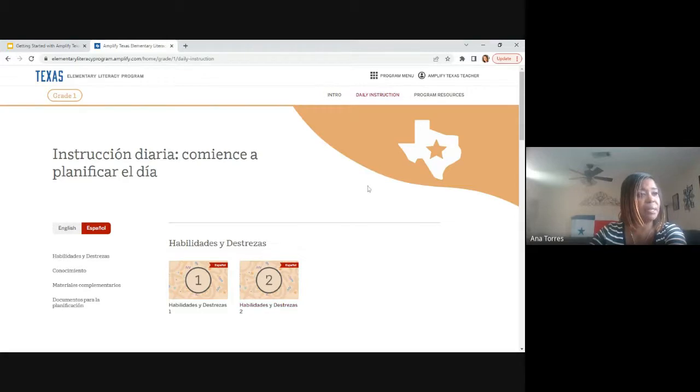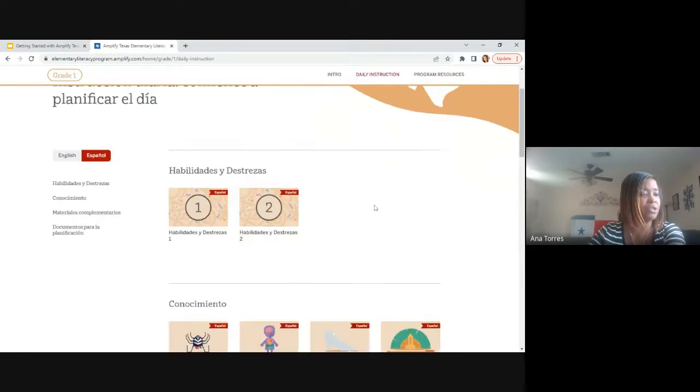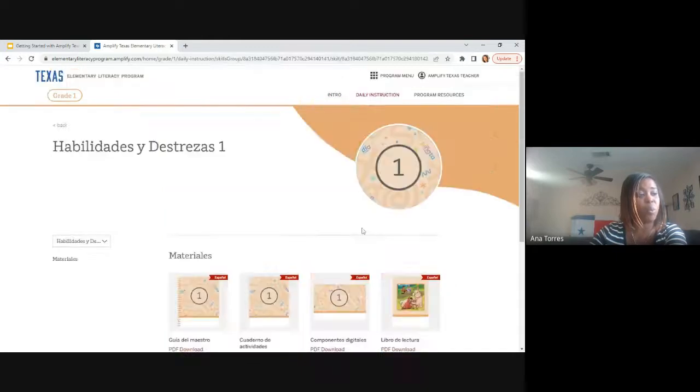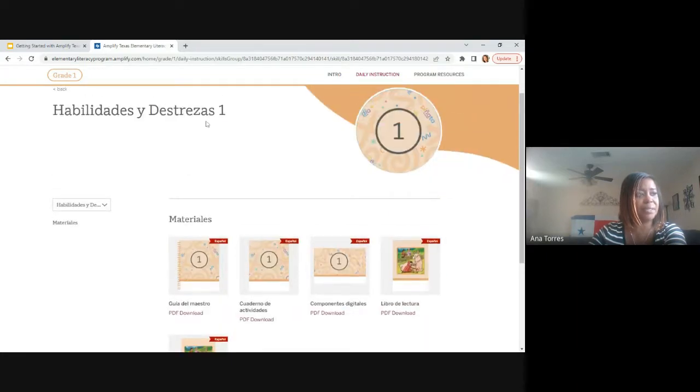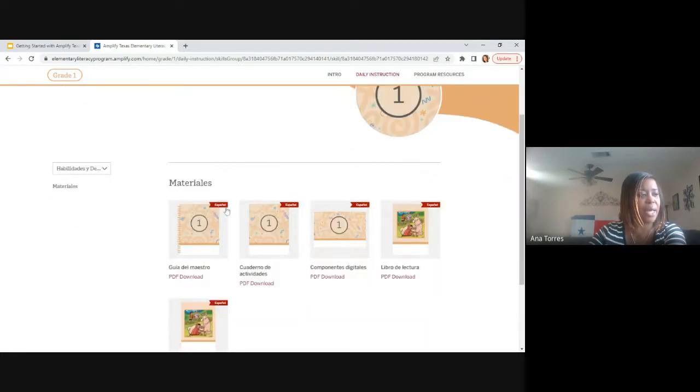So again, in daily instruction, instrucción diaria, comienza a planificar el día. I've already toggled to Spanish, and I want to give you some information here of what this looks like. I am going to click on Unidad Una, your first unit, and see what information will be right at your fingertips here. So what you will have: Habilidades y Destrezas, Unidad Una, Unit 1, here are your materiales.